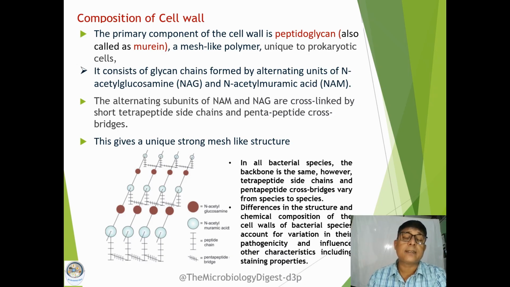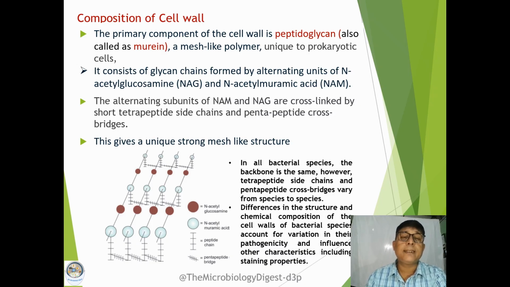So these two glycans, NAM and NAG, are cross-linked to each other by tetrapeptide side chains. Each NAM has a tetrapeptide side chain, and they are cross-linked to the other by pentapeptide bridges. So this is the NAM, which has a side chain of four different peptides, a tetrapeptide side chain, and this is another NAM having four different peptide side chains.